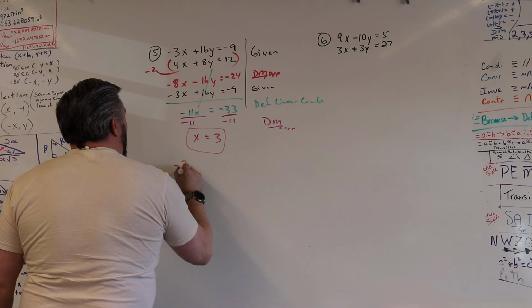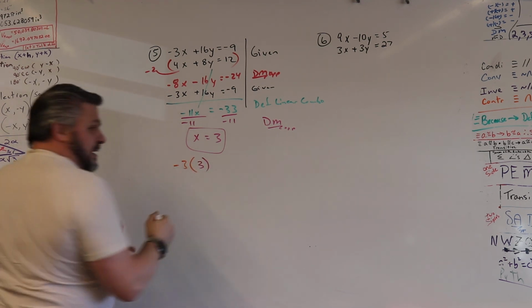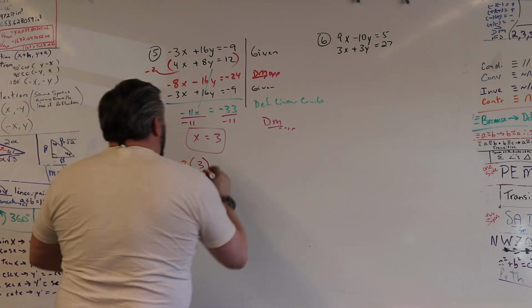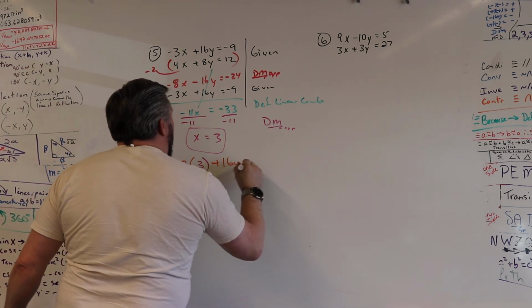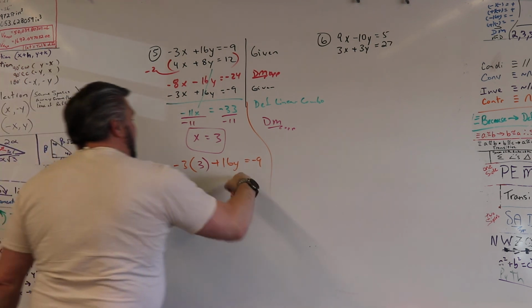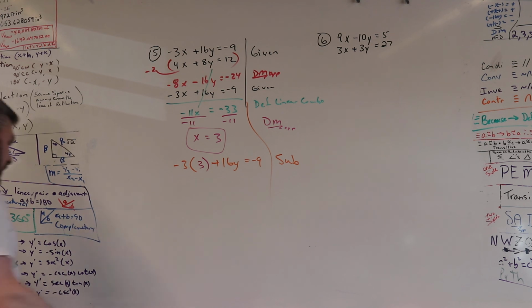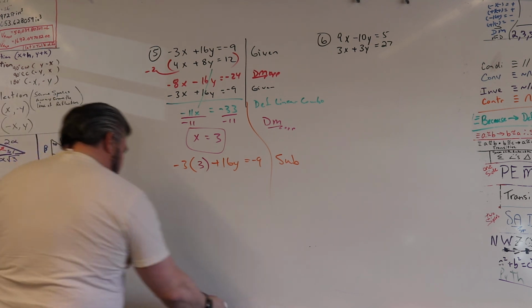So negative 3 times this 3, right? Plus 16y equals negative 9. Okay? Now, what is that? That's substitution, right? Okay. Then what?